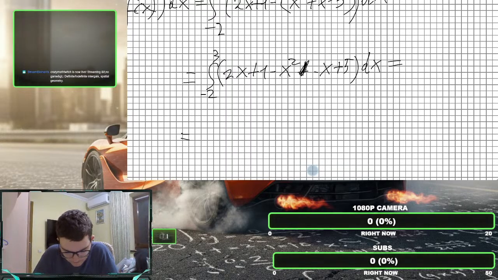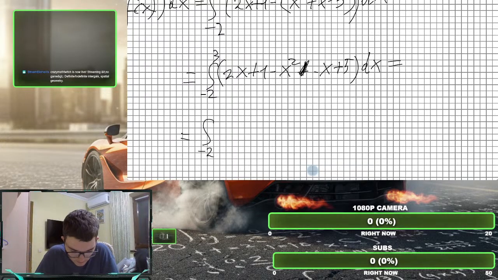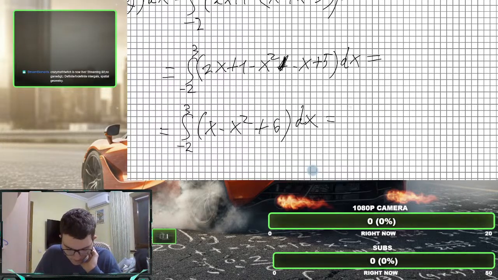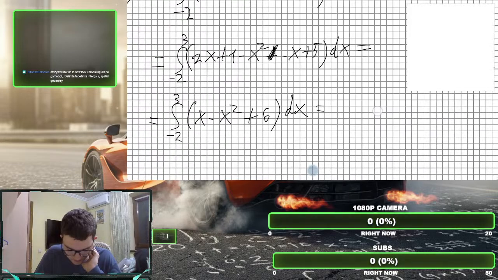So now from here, I think I can do some calculations. So the integral from minus 2 till 3 of essentially x minus x to the second power plus 6 dx. And from here it is like that formula, right?